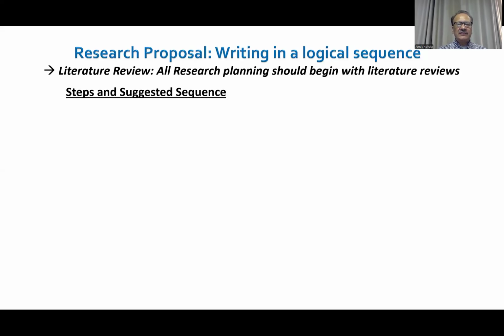So as I said, different institutions, different organizations, different grantors may have different types of research proposal format and instructions. We have to follow these instructions, but still we may develop our own research proposal writing logical sequence. For example, if I am writing a grant proposal, I have to submit it to the IRC.